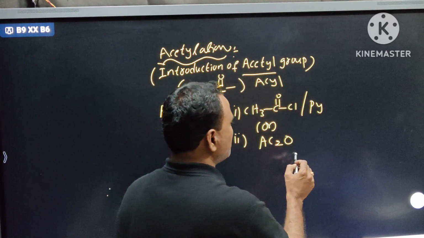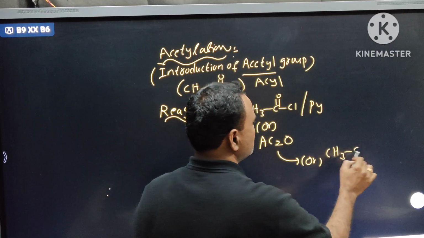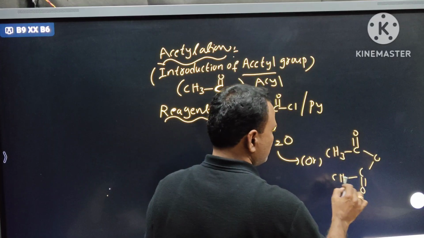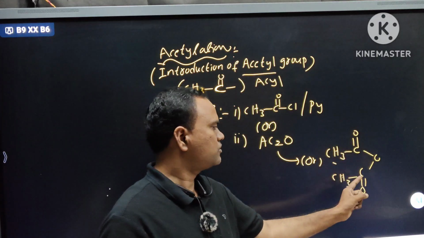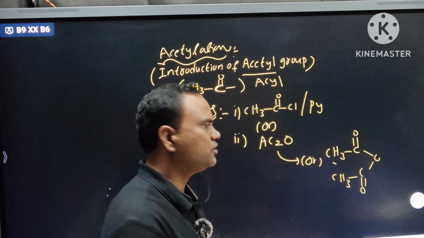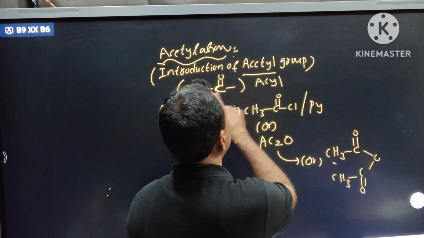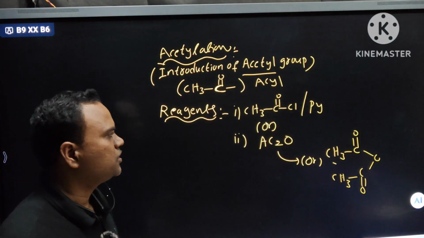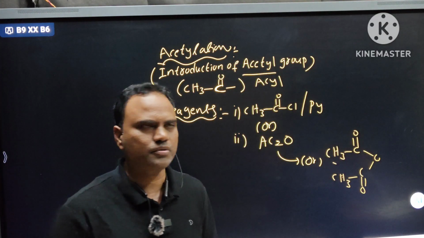Sometimes we will get the structure of acetic anhydride, CH3CO on both sides, and in the middle, oxygen. Ac means acetyl. The role of Ac2O is to introduce the acetyl group.